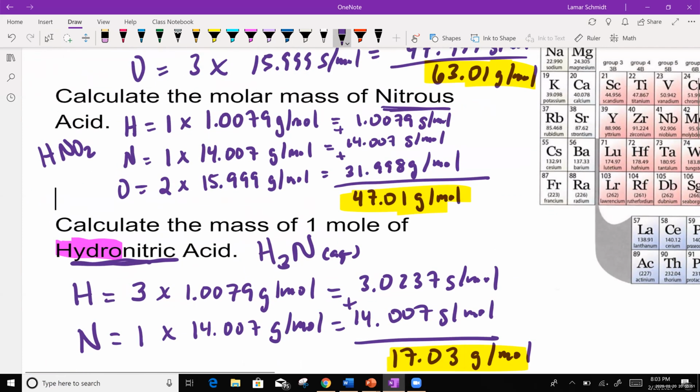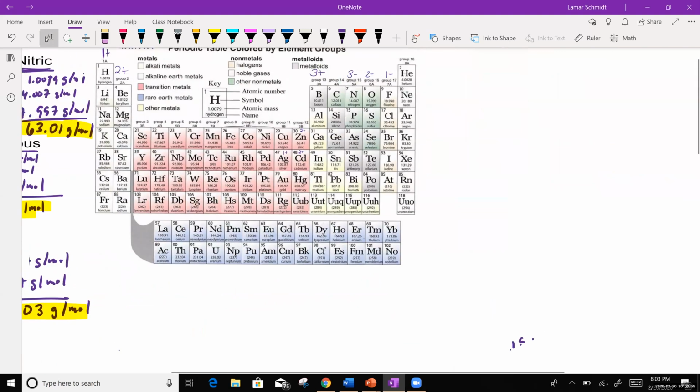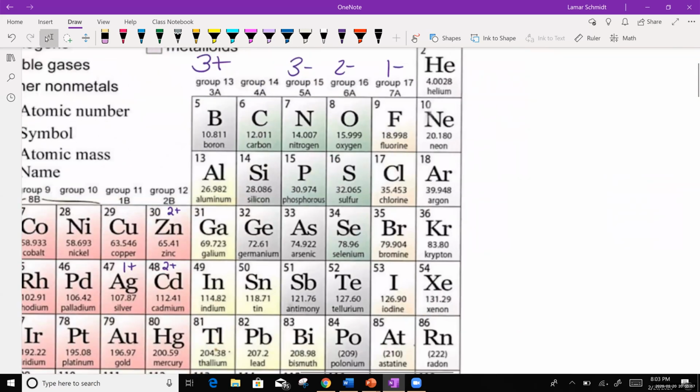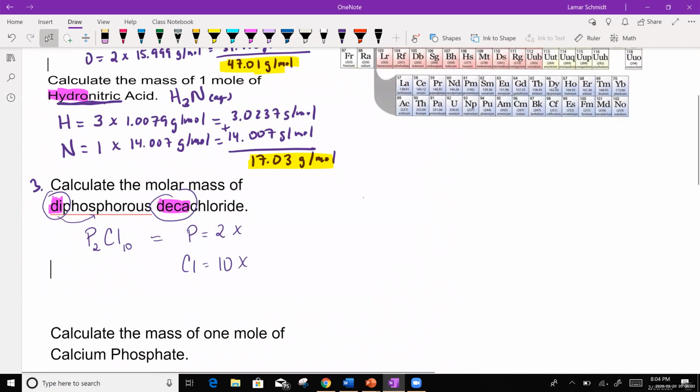So if I want to know the mass of 1 mole of phosphorus, I go to my periodic table and I see that it is 30.974. All right, and so I'm going to write that down, 30.974 grams per mole. And chlorine is, look it up on your periodic table, 35.453 grams per mole. And so you multiply those out.